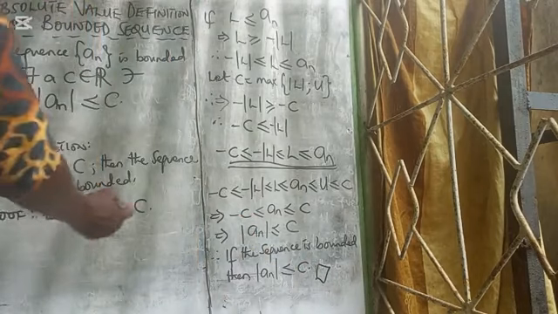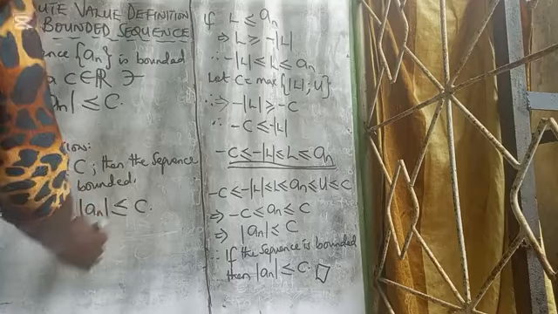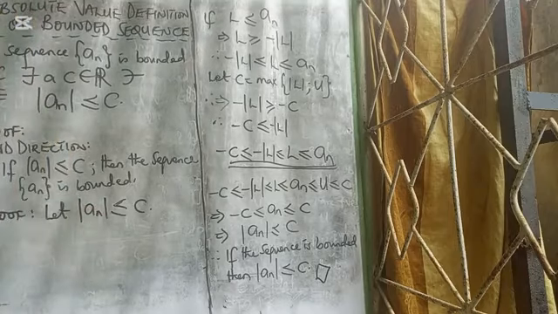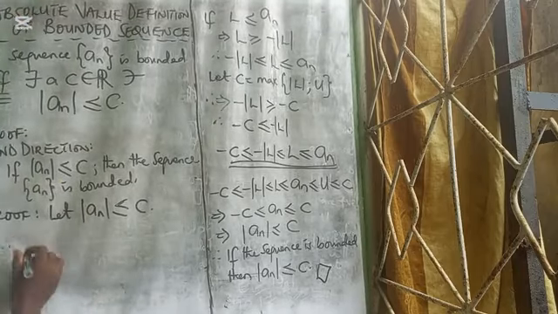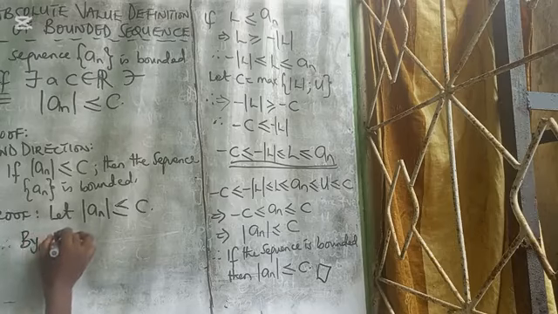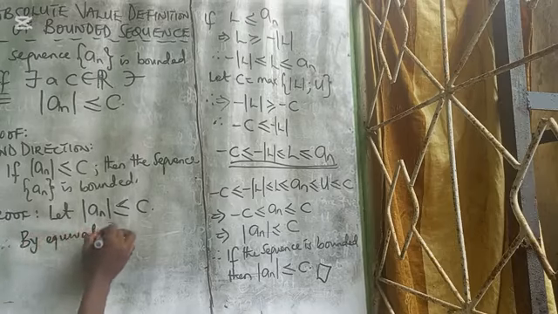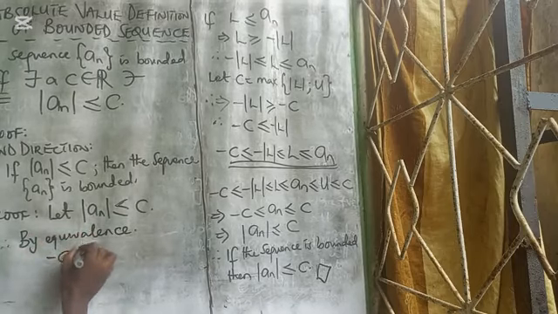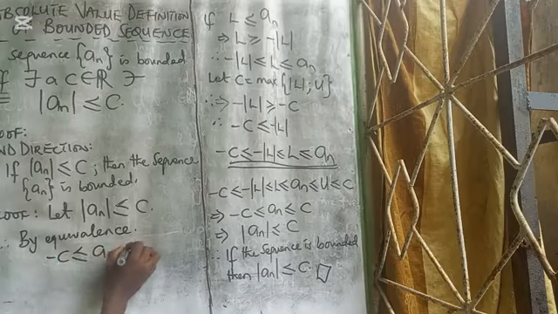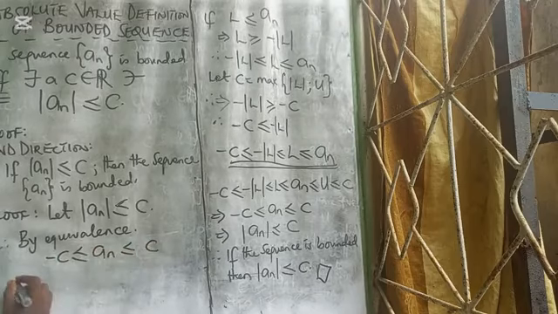But in this case now, we want to start with let the absolute value of A sub n be less than or equal to C. If that is true, therefore, by equivalence, minus C will be less than or equal to A sub n less than or equal to C.